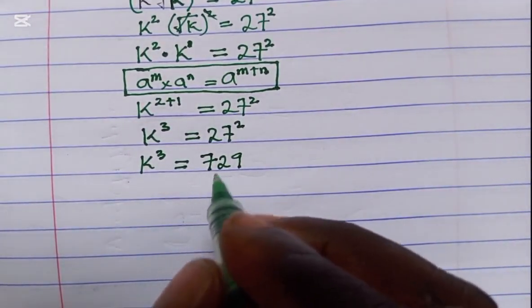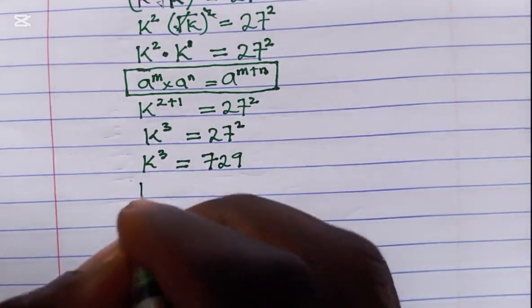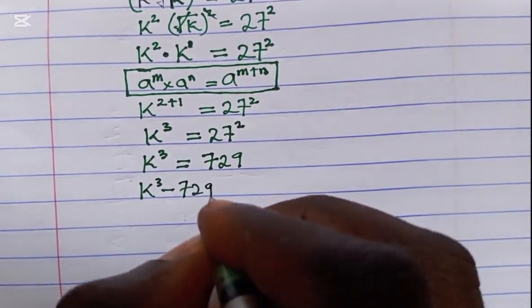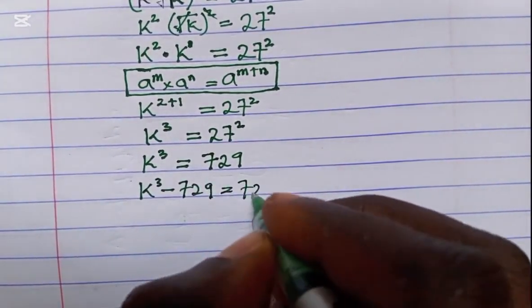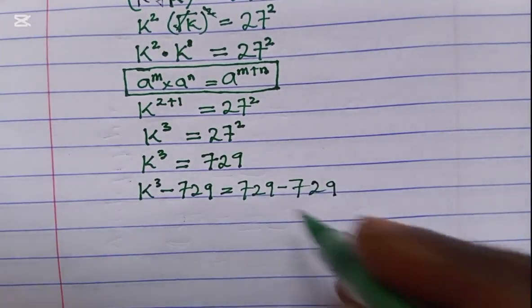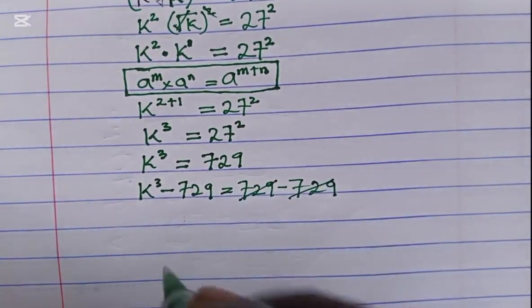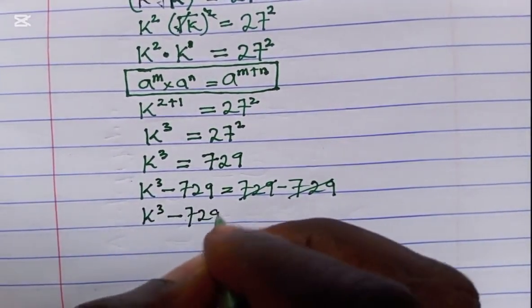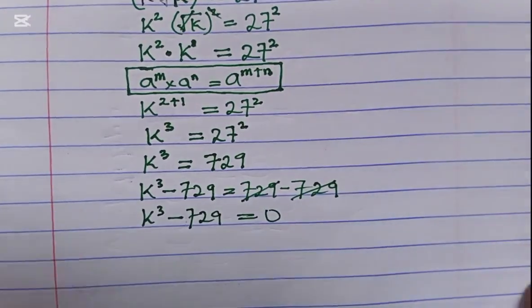We can subtract 729 from both sides. So we have k raised to the power of 3 minus 729 equal to 729 minus 729. So 729 minus 729 cancels, which gives us 0.